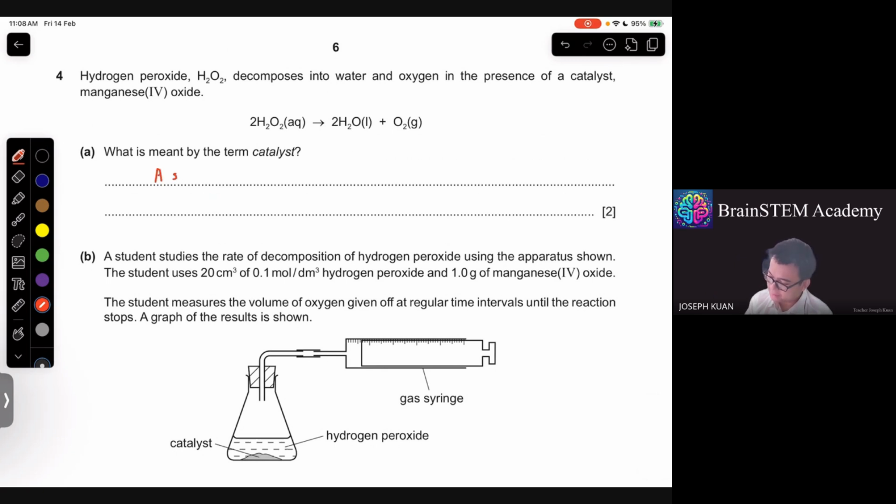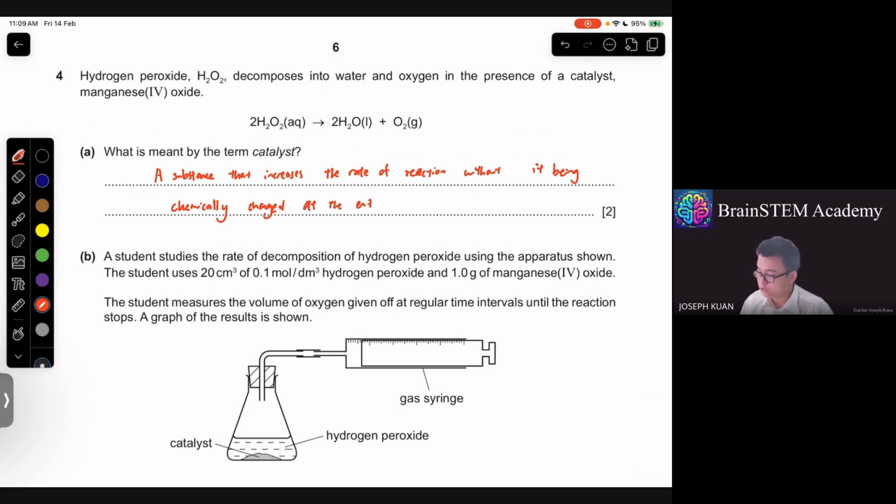It is a substance that increases the rate of reaction without it being chemically changed at the end of the reaction.